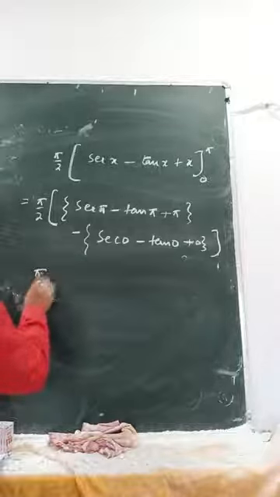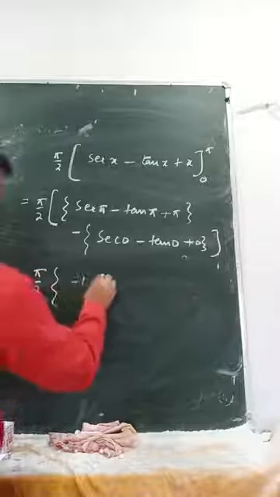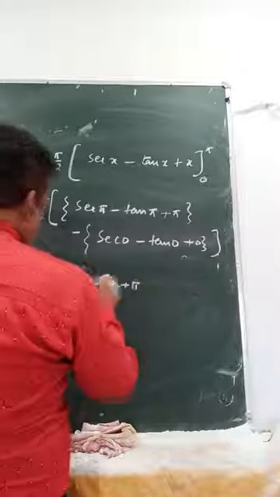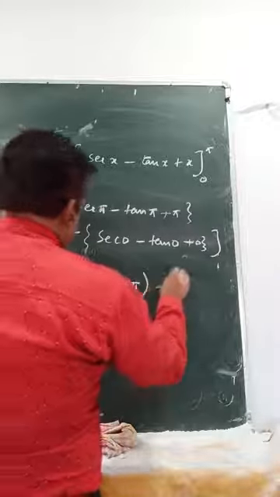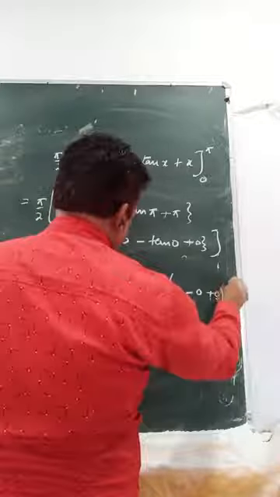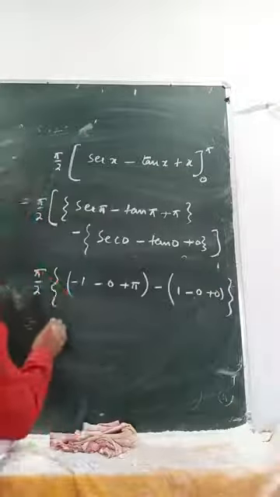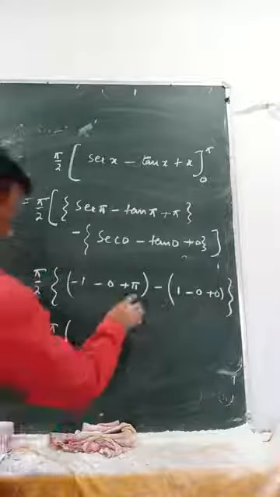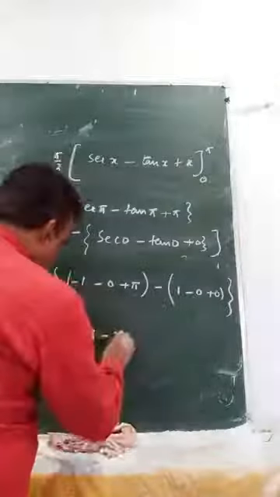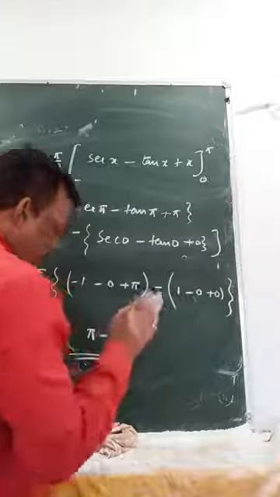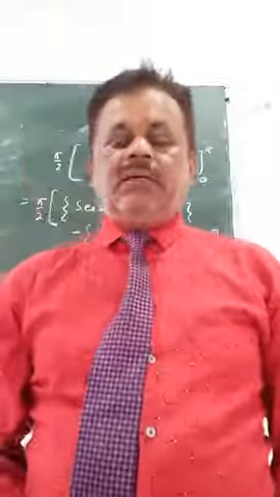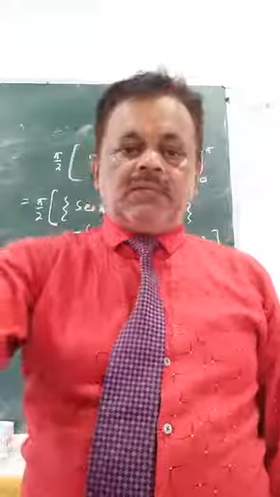Pi by 2, minus 1 minus 0 plus pi, minus sec 0 is 1 minus 0 plus 0. Pi by 2 times pi minus 1 minus 1 is minus 2. This is your answer. So property 1 is over. Property 2 is a bit difficult, but even then we will continue tomorrow with property 2.